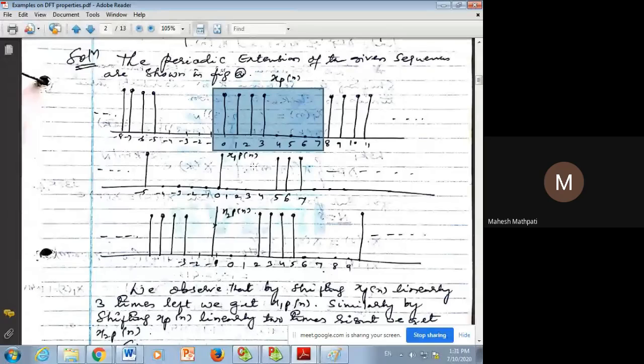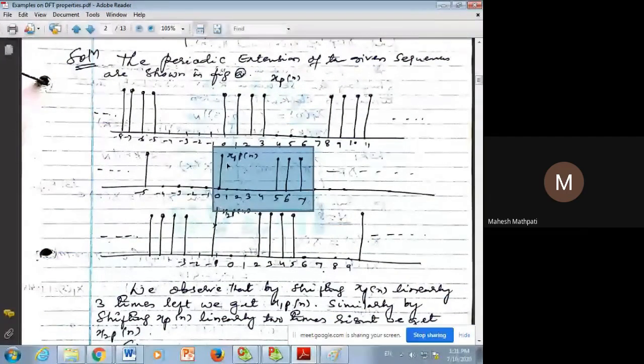So x1 of n, what is it given? It is given that at 0 it is 1, then from 1 to 4 it is 0. Right? At 0 it is 1, at 1, 2, 3, 4 it is 0, and at 5, 6, 7 it is 1. Understood?